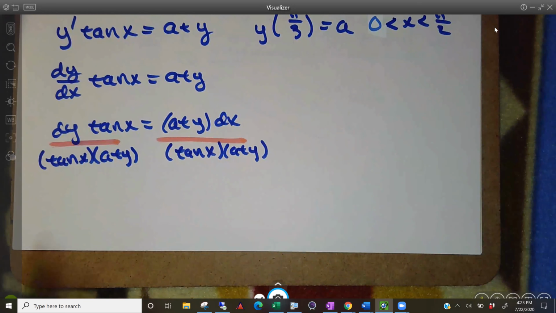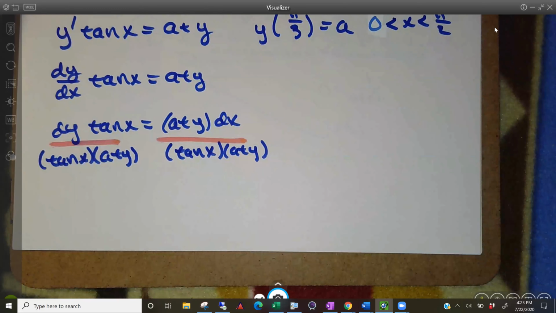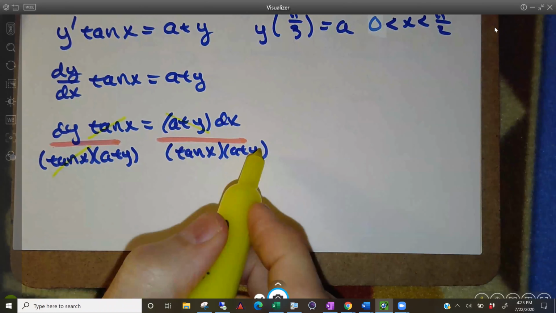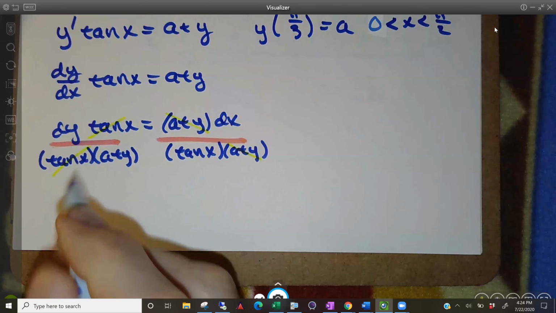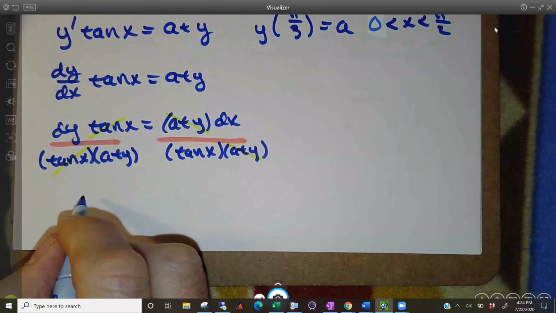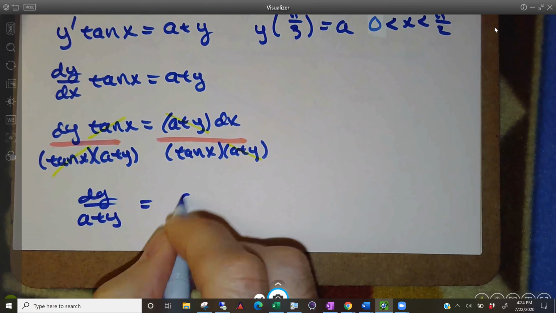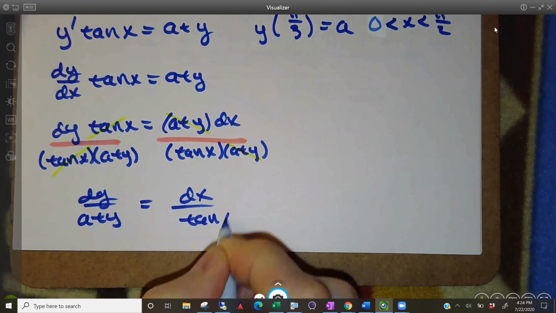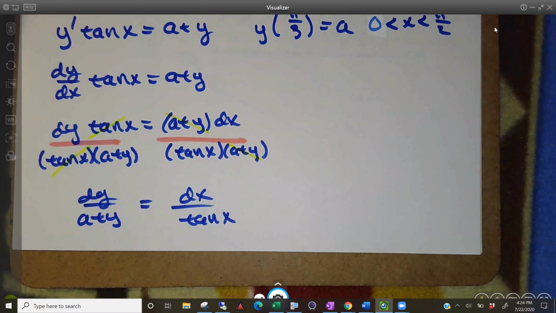Well, pretty good, because my tangent of x term is going to cancel. And on the right-hand side, the a plus y term is likewise going to cancel. So that leaves me with dy over a plus y equals dx over tangent of x. Cool. That's what I wanted. Wanted to get those things separated.